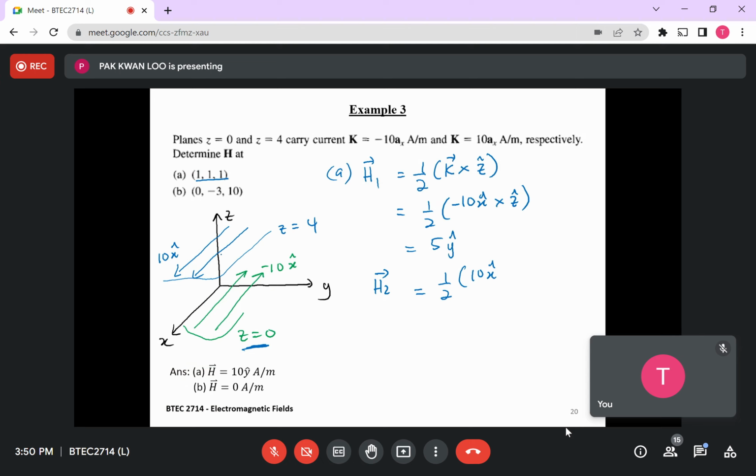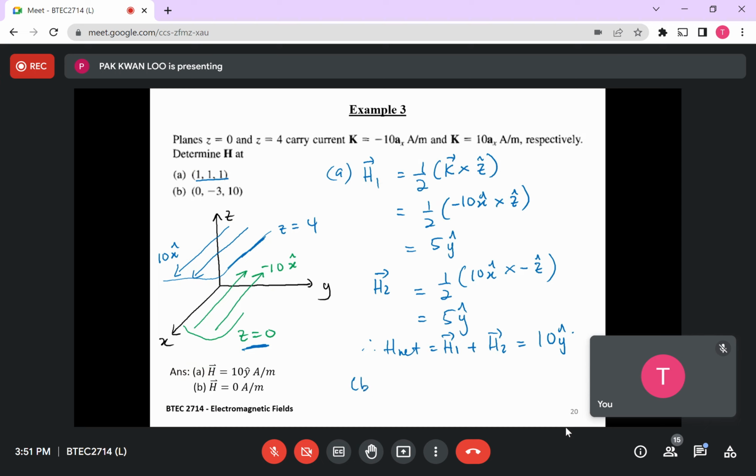For this plane, the normal direction is in -z, so cross -z cap. So again, I have 5 y cap. Therefore the net magnetic field at this point is 10 y cap.